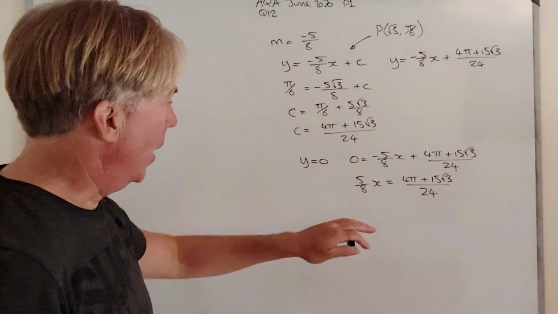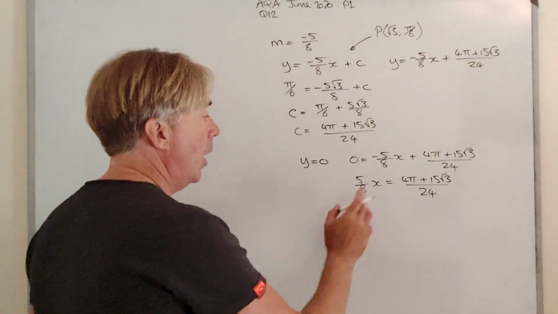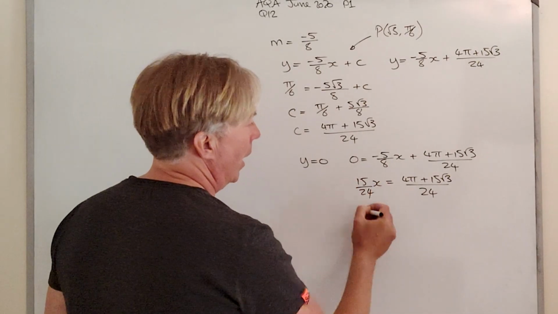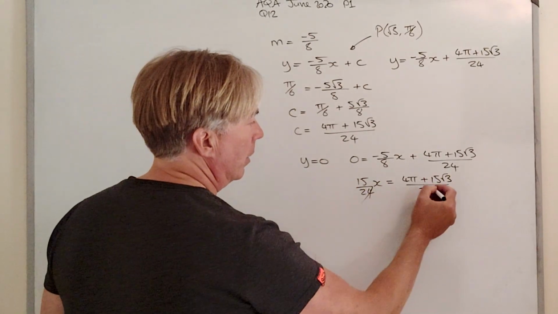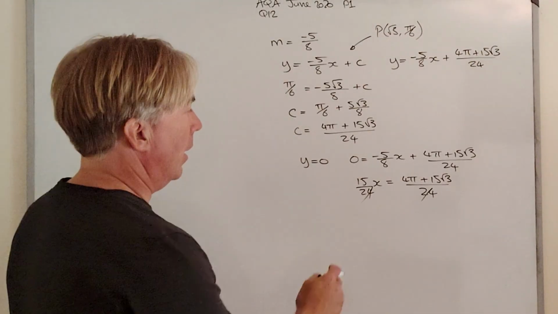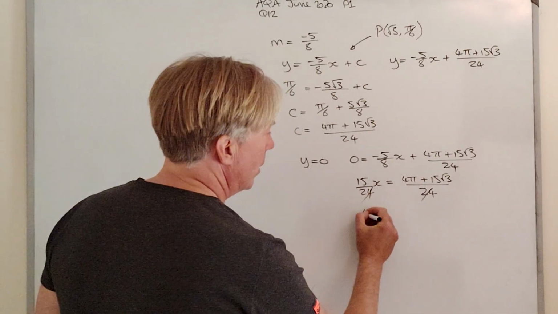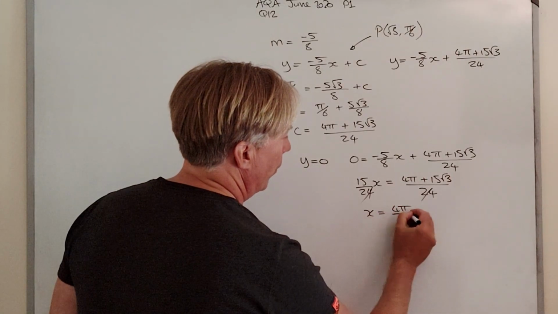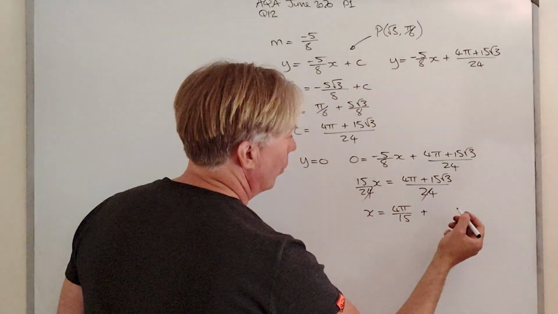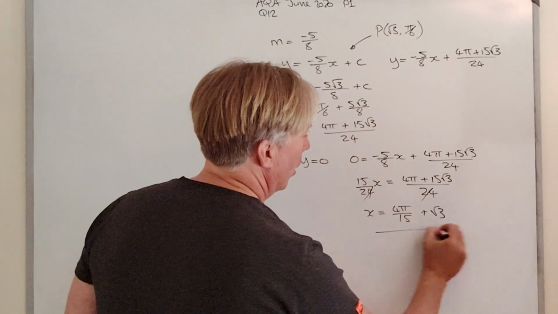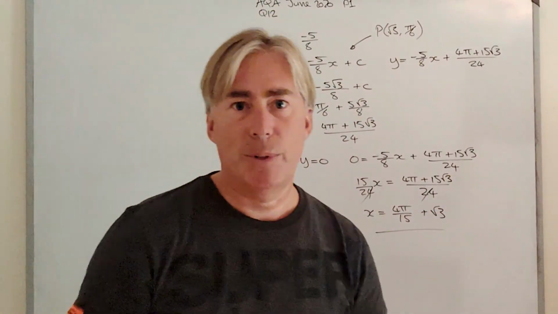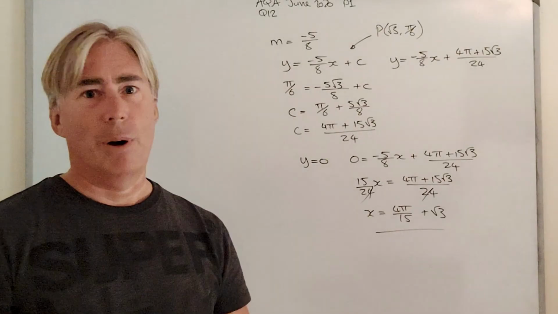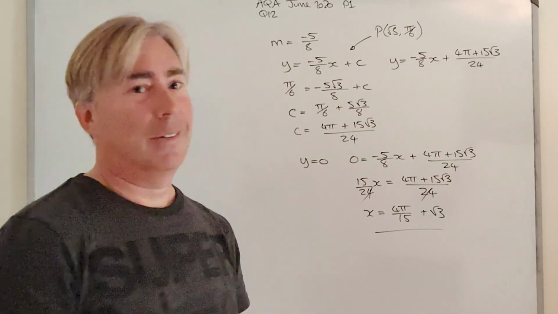I'm going to change my denominator on the left, multiply top and bottom by 3. I get 15 over 24 x, and of course I can multiply both sides by 24, and then divide by 15, so I get x equals 4π upon 15 plus 15√3 over 15, which is √3. Okay, so there's our x-intercept, and there is our final 2 marks of this 30 mark Leviathan. Okay, thanks.